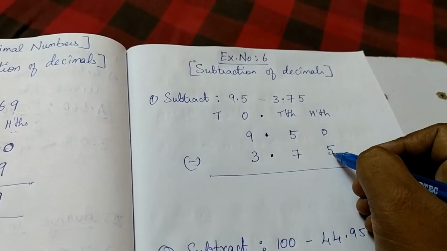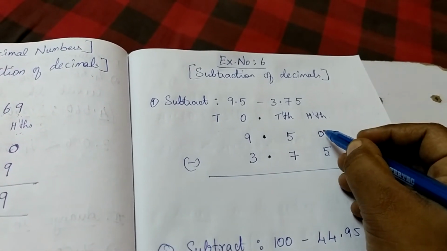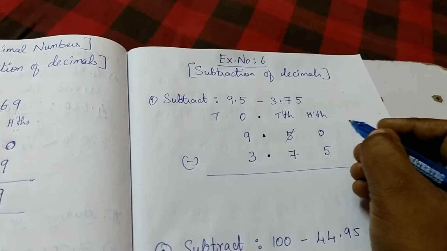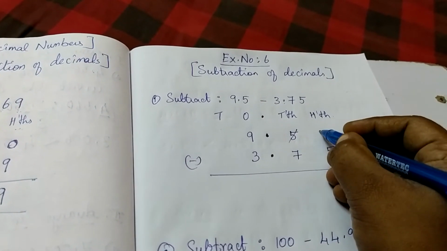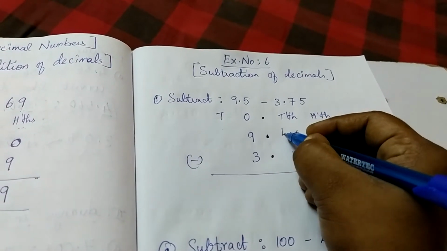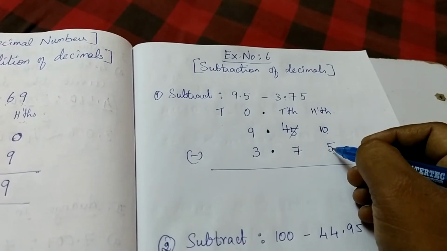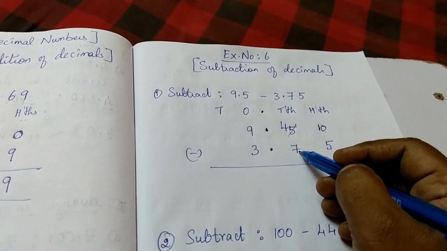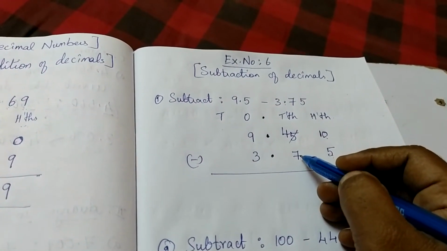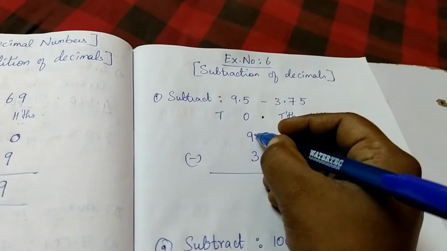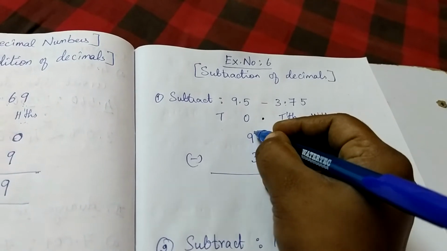Now I am going to start subtracting. 0 minus 5. Since we cannot subtract 5 from 0, I am going to borrow from the tenths place value. So it will become 10 and this will become 4. 10 minus 5 gives 5. 4 minus 7, 7 cannot be subtracted from this 4, so I am going to borrow from the whole number.